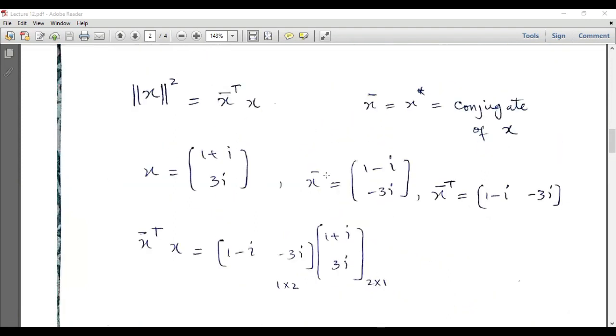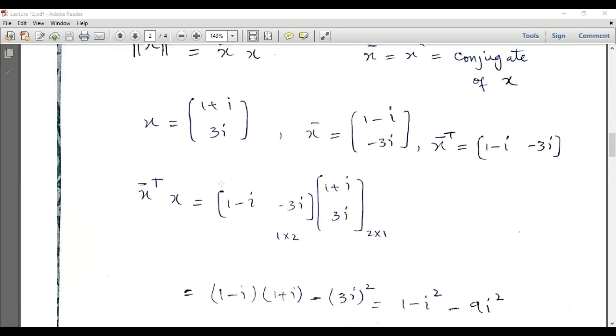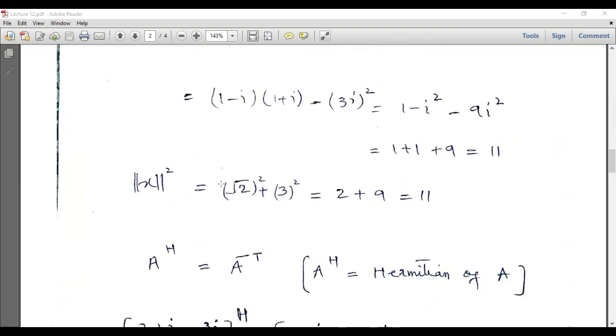Now let's evaluate the second norm of x. So let's first evaluate the magnitudes of these two components. The magnitude of this component is equal to root 2, and the magnitude of this component is equal to 3. Okay, so the second norm will convert these two components into a real number.